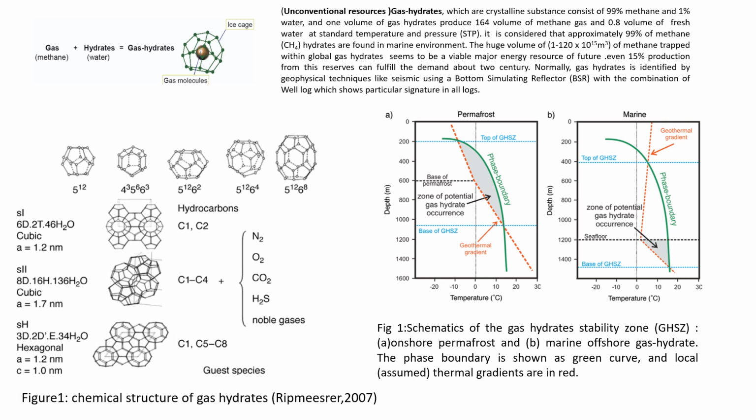Then what is gas hydrate? Gas hydrates are crystalline solids with a molecular structure similar to that of ice. They are also known as clathrates and methane hydrate, and they form under high pressure and low temperature conditions.